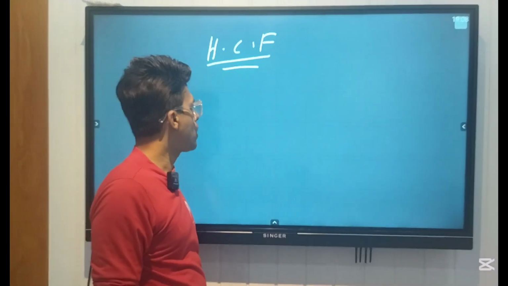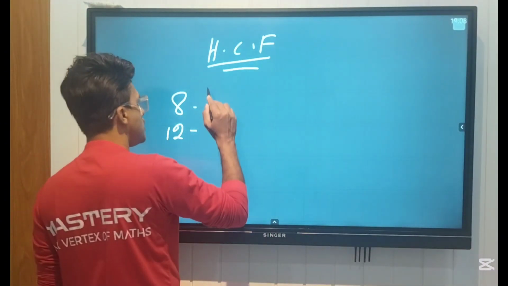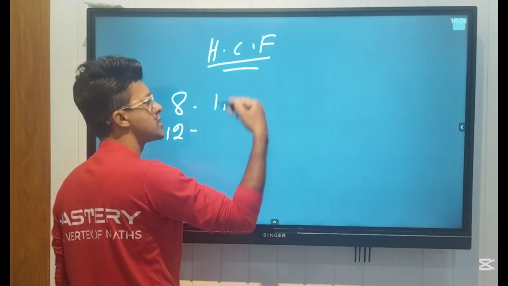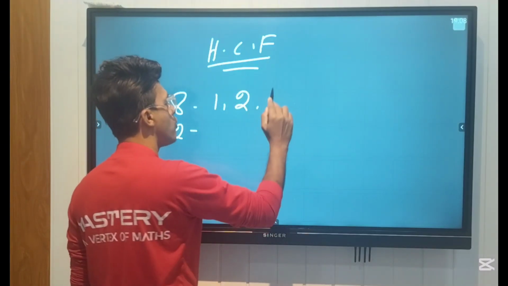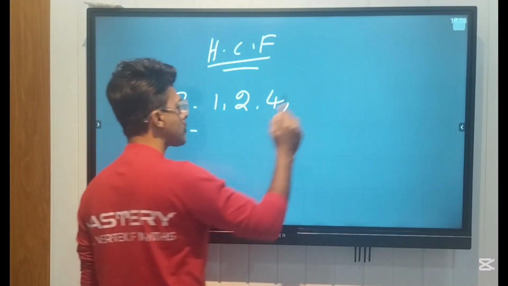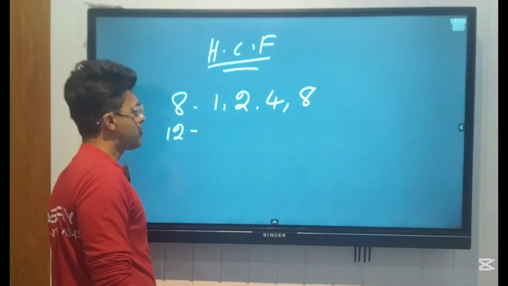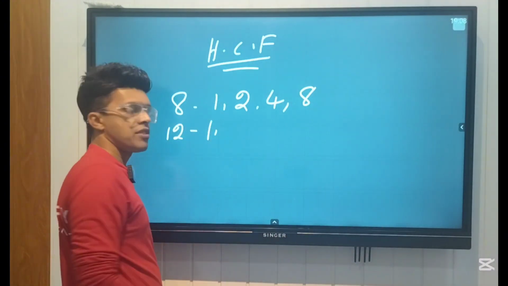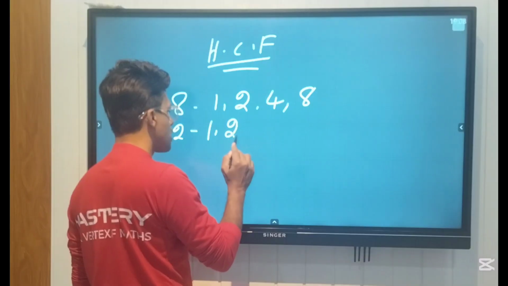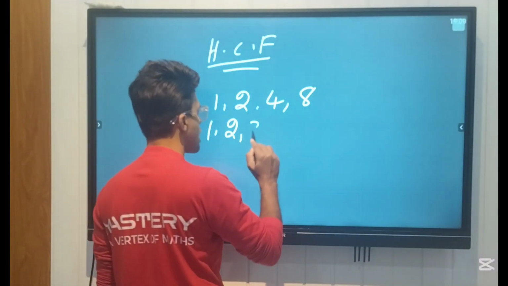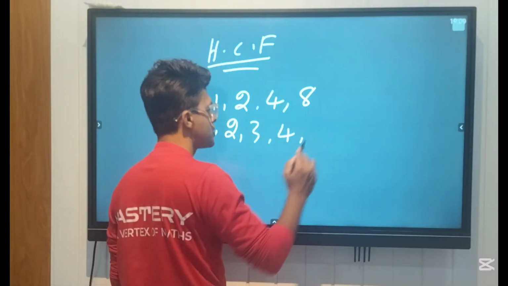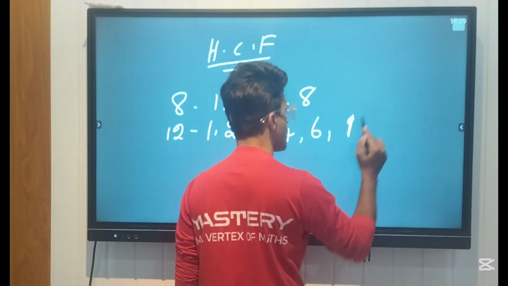Just recall, what are the factors of 8? 1 times 8, 8. 2 times 4, 8. 4 times 2, 8. 8 times 1, 8. What are the factors of 12? 1 times 12, 2 times 6, 3 times 4, 4 times 3, 6 times 2, 12 times 1.